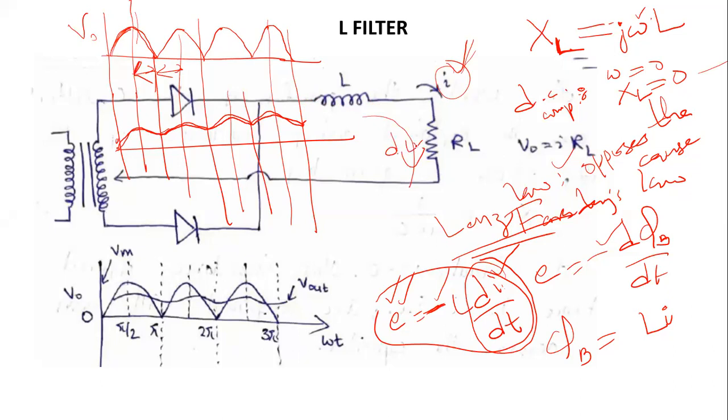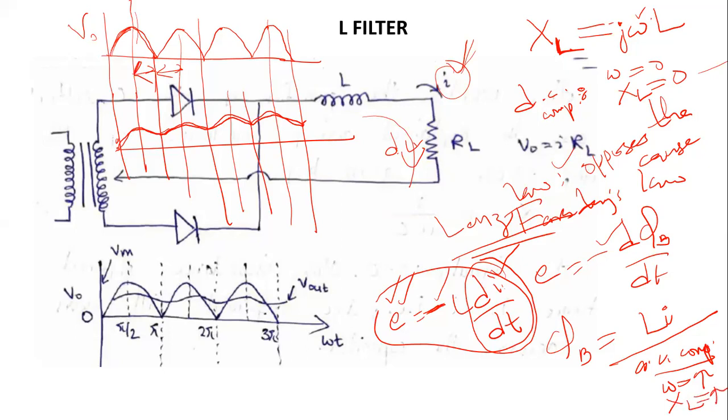Now, when you have what is called AC component, omega is usually large, like 50 hertz or more, let's say. When you have a certain alternating ripple component, there is a certain variation frequency, so you will have a finite value of impedance.